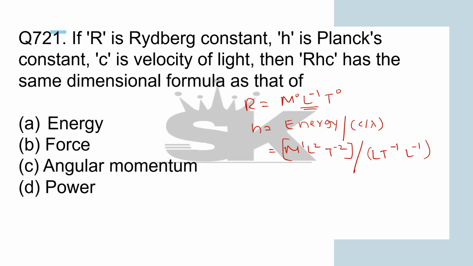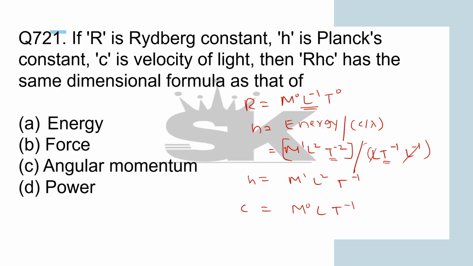So here these two get cancelled, right? So we'll write combined M1 L2 T minus 1, because this T is in the denominator. Don't get confused, this is the divide symbol. So H equals M1 L2 T power minus 1 and C equals M0 L T power minus 1.